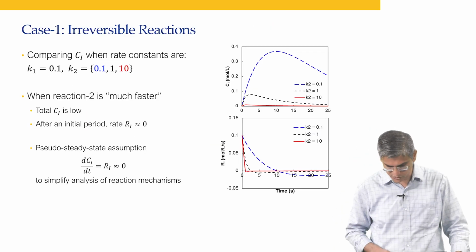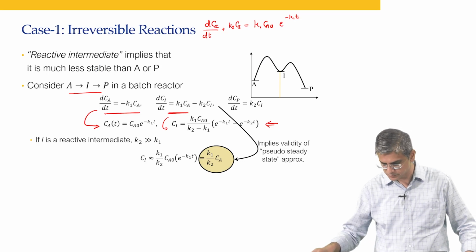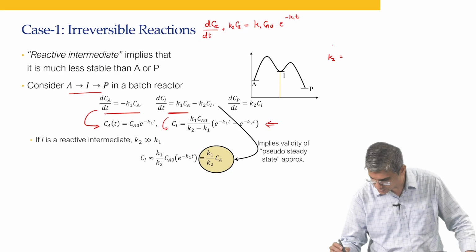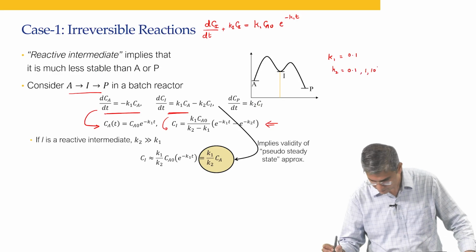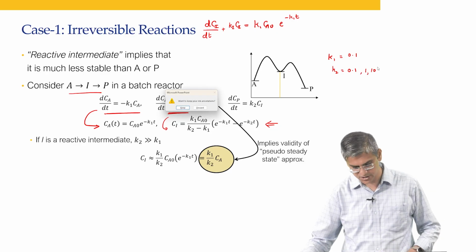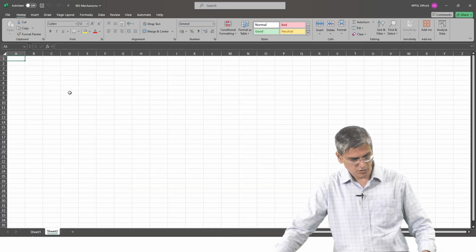Okay. So, in Excel we are going to take 3 different cases. We will say K1 is equal to 0.1, and we will take these and do this in Excel, okay.